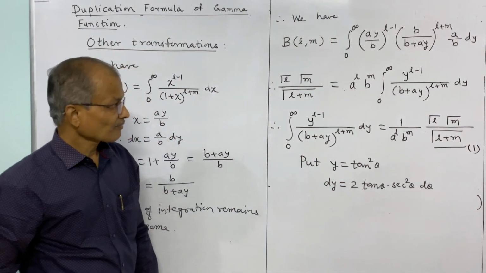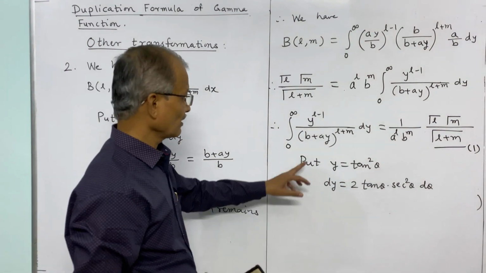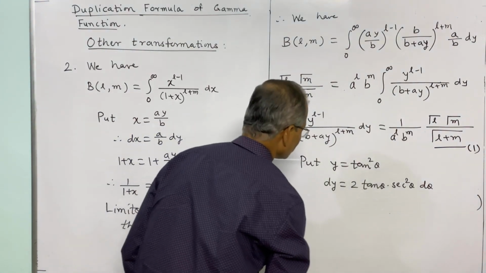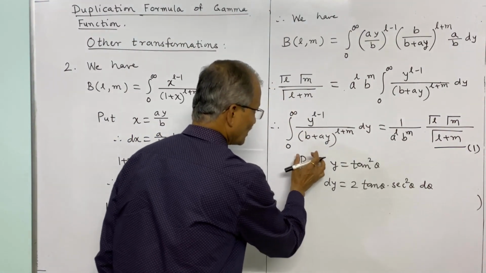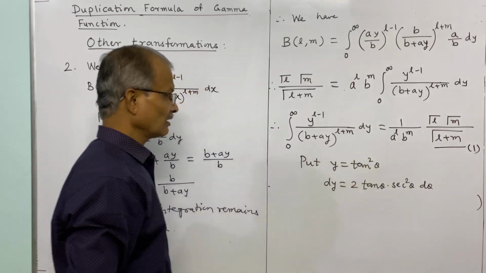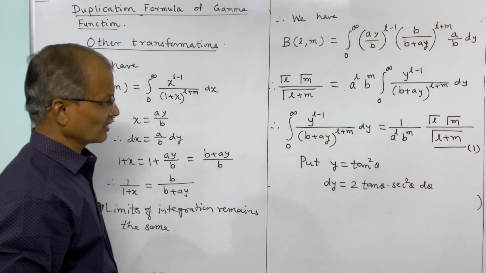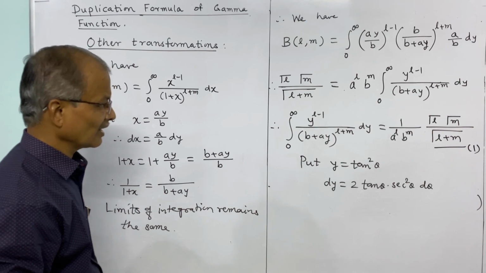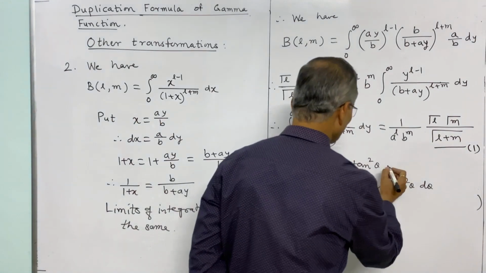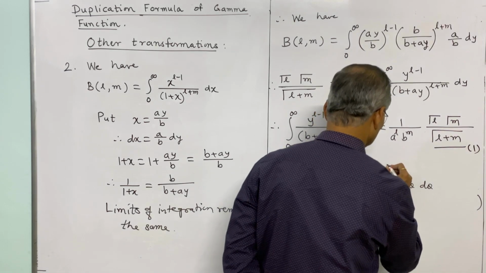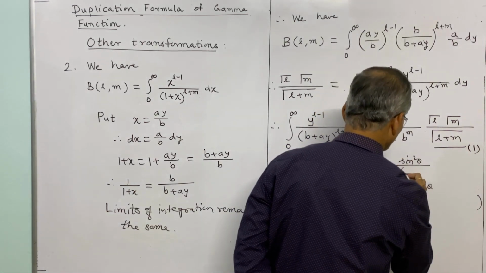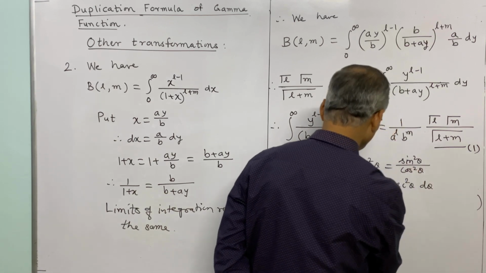This is dy. And what about b plus a y? And this tan square theta can be now written in terms of sine and cos. So y is equal to tan square theta, and that is sine square theta divided by cos square theta. And derivative we have written from this.